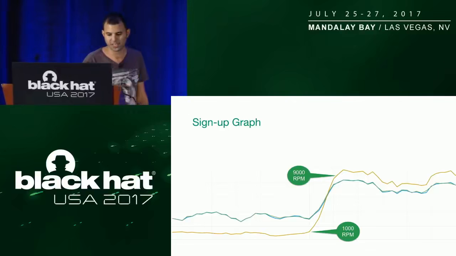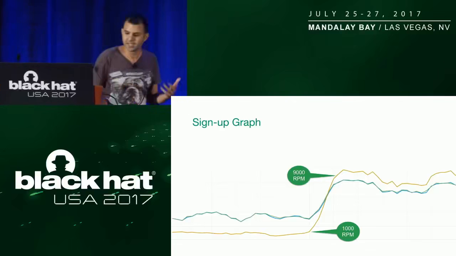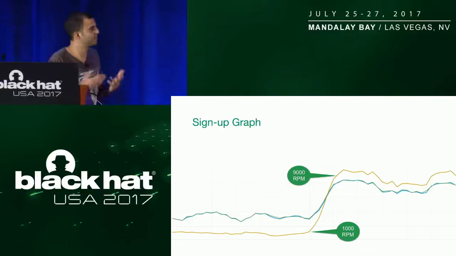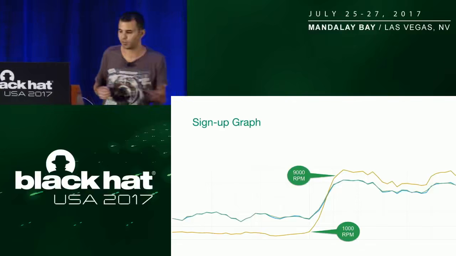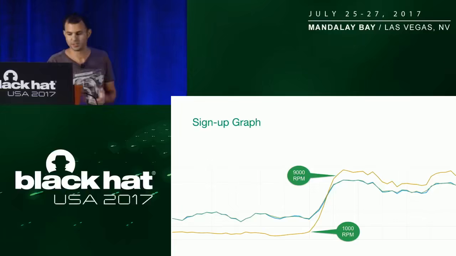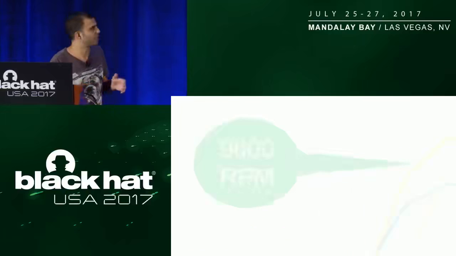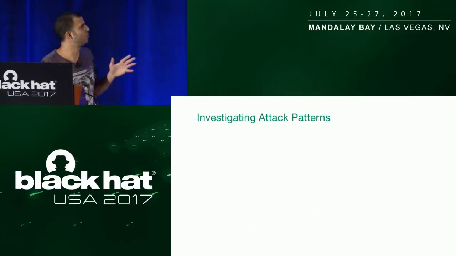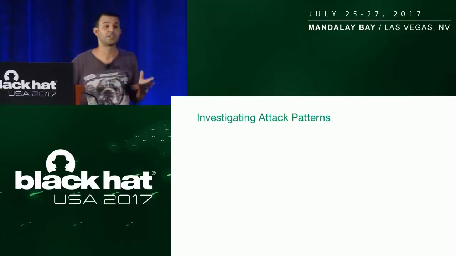So back to our attack, we started to investigate it deeper. What is the origin of these requests, and we found a few patterns. So this is what we knew during the investigation of this attack.